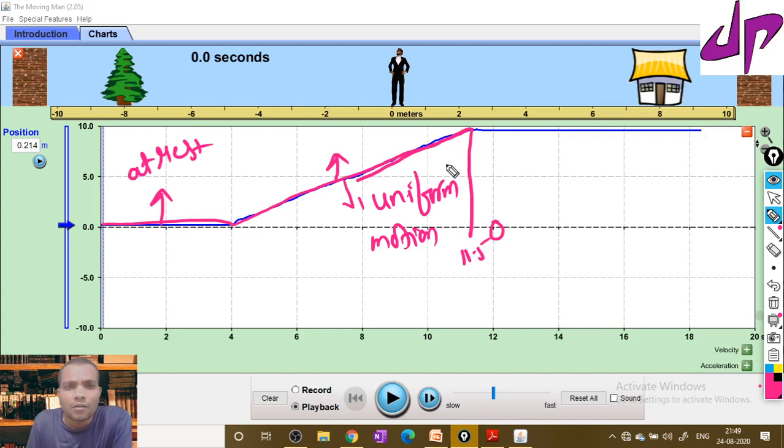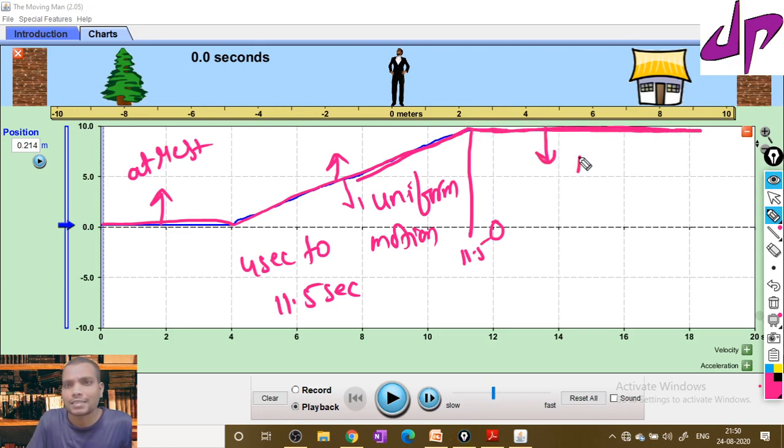So from 4 seconds to 11.5 seconds, he moved uniformly in the forward direction. After that, he reached 10 meters. Then you can see the line is parallel to the time axis. It means he is at rest.